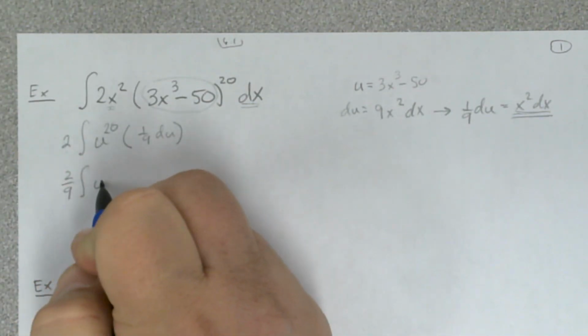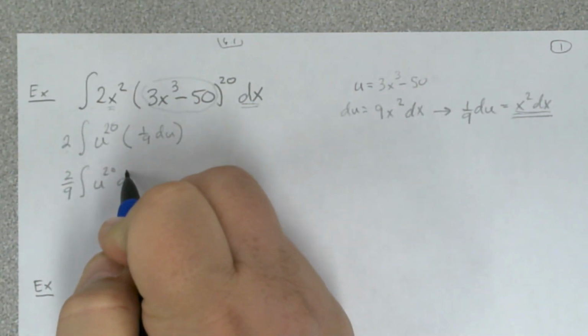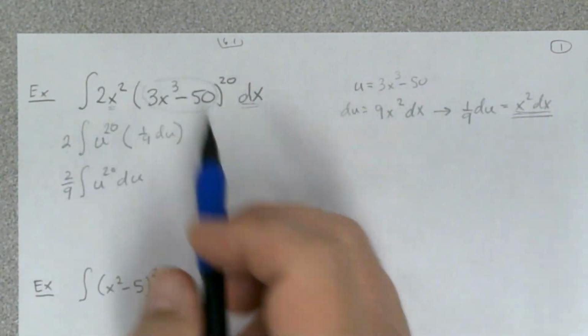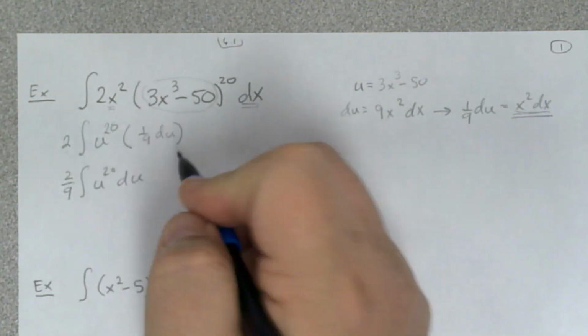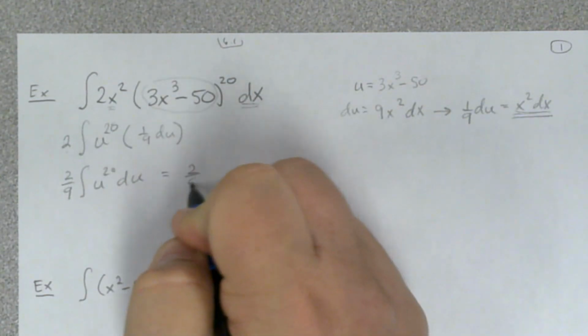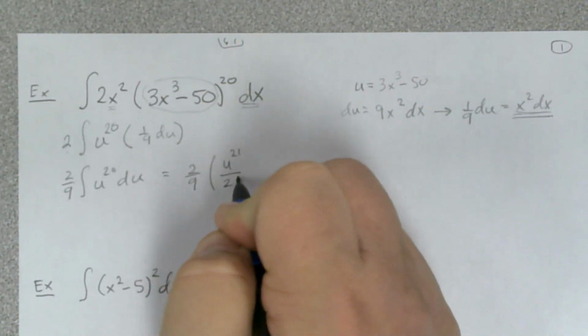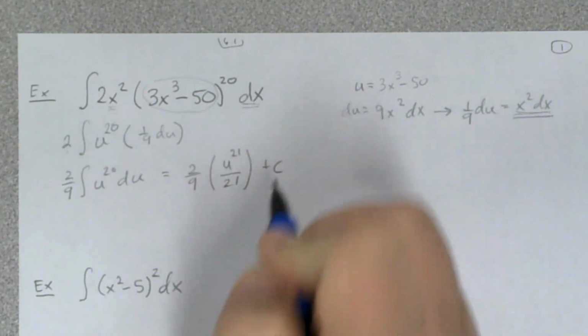And then the 1/9 will come out here with the 2. And now what I have is a simple power rule for integration that we can do fairly easily. We weren't able to do it up here, but now we can in this form. So this here becomes 2/9, and then we raise the power by 1, divide by the raised exponent, plus a constant.